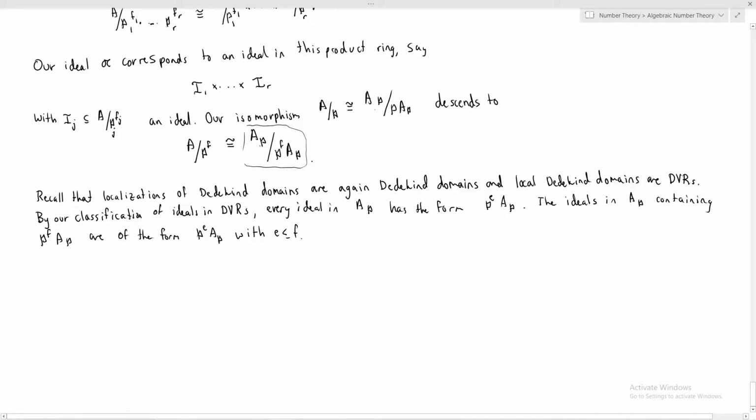What does it tell us? I sub j corresponds to an ideal here. So translating through these isomorphisms. And I realize I could be a bit more careful here, but if this is ambiguous to you, then it would be a useful exercise to write down these isomorphisms and expand exactly what I mean by translating here.